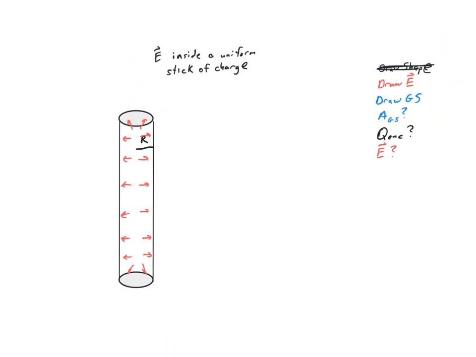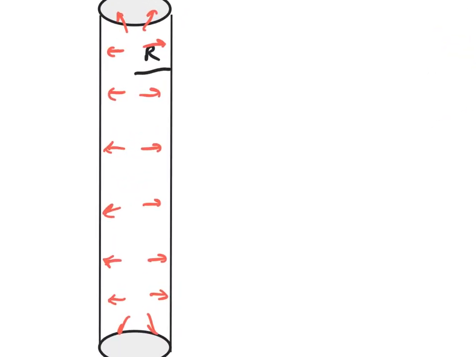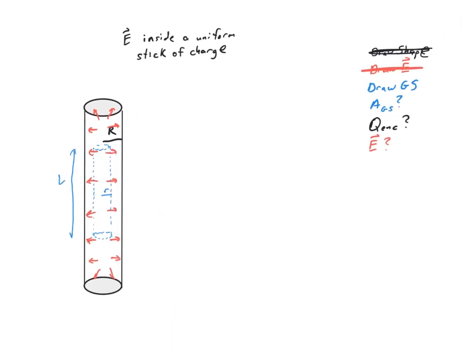Which is why when I draw the Gaussian surface, I'm only going to draw it in this region, which only goes out to radius r, and the whole thing has a length of L. What's the area of that Gaussian surface?